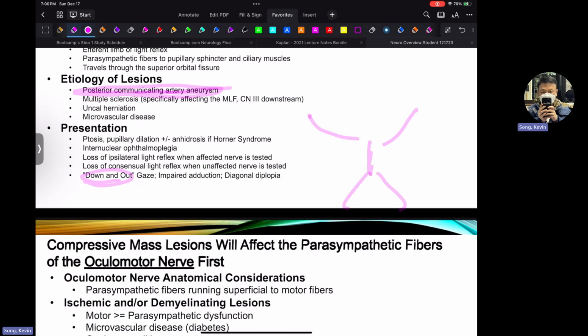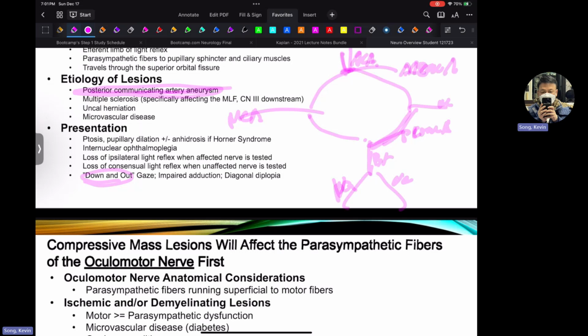The vertebral artery, and then the basilar artery, right? And then the posterior communicating artery, and the MCA goes here, and then the anterior communicating artery here. So you need to know this. And there's an ICA here, and the anterior communicating artery, sorry.